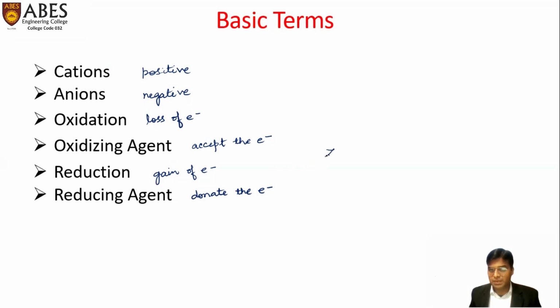For example, in this reaction, zinc is losing the electrons to form Zn2+ ions, and copper ions are taking those electrons. So it is converting to copper in the elemental form.